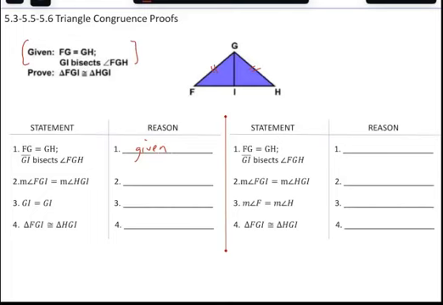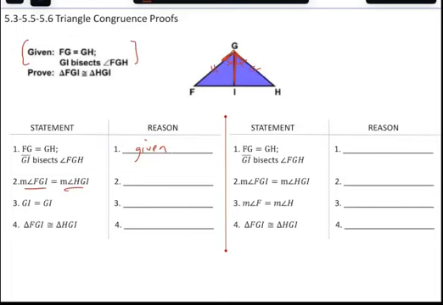So the fact that GI bisects angle FGH means that what angles are the same? Here's GI, it bisects this angle. That means that these two angles are the same. So I mark those as being equal, and then I find where it shows that FGI and HGI are equal to each other. It happens to be statement 2.